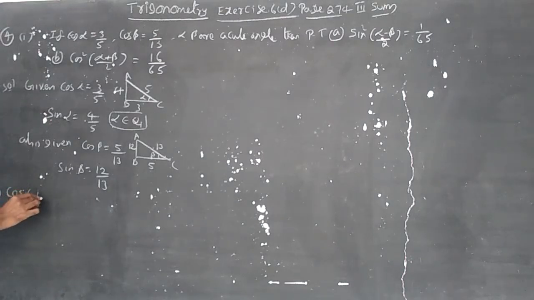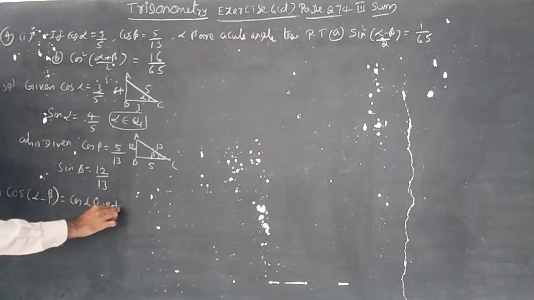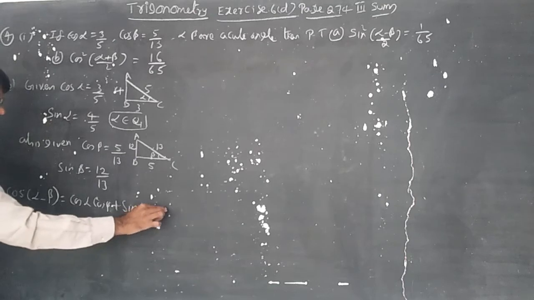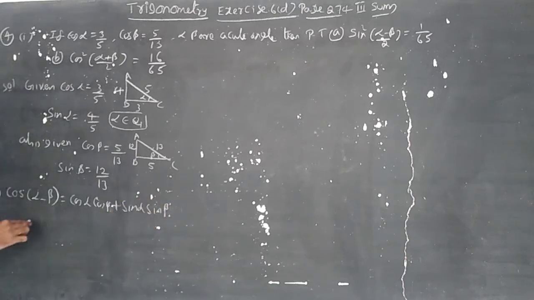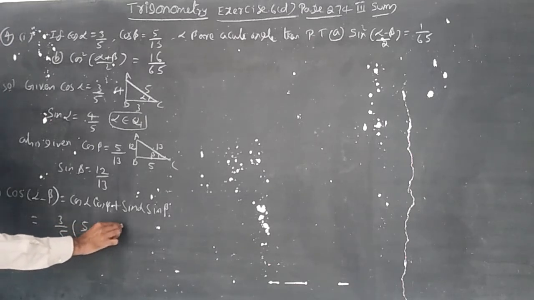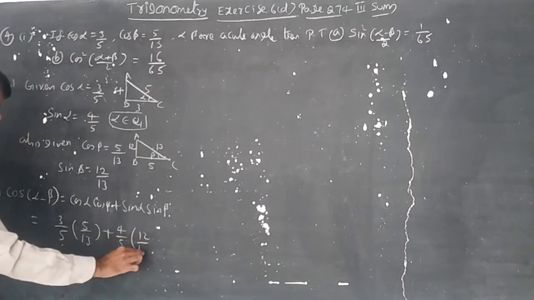Write the formula: cos of (alpha minus beta) is cos alpha cos beta plus sin alpha sin beta. Write the values here: cos alpha is 3 by 5 into cos beta 5 by 13, plus sin alpha 4 by 5 into sin beta 12 by 13.